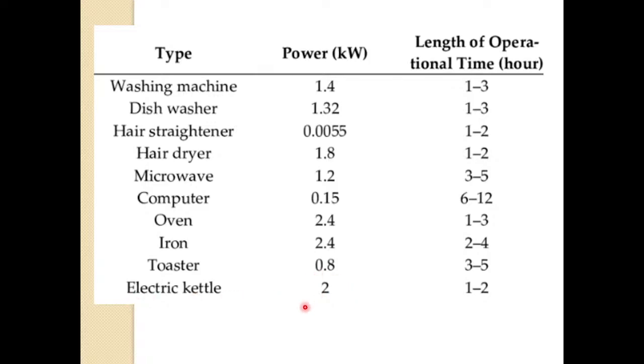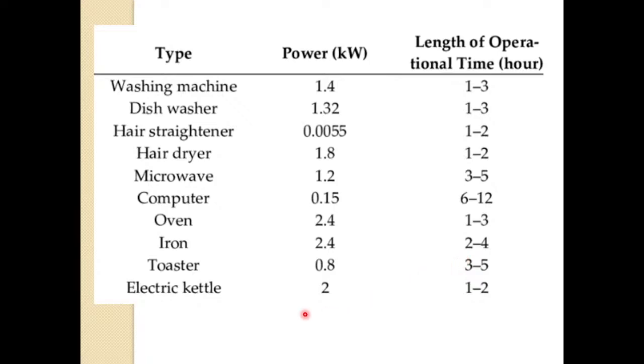Electric kettle, its power rating is 2, and its length of operation is around 1 to 2 hours, though it may be less than 1 hour.